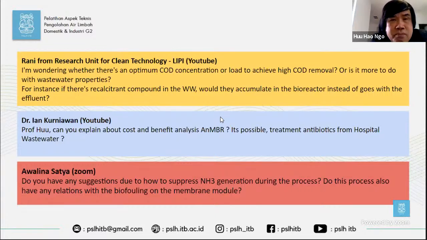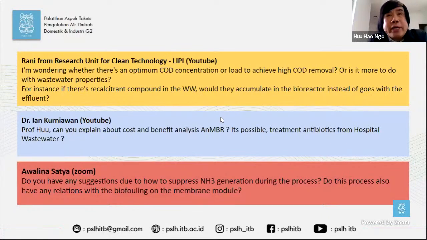So if we use only the anaerobic MBR without any oxygen present, of course the ammonia may be a problem because it may accumulate and affect the efficiency. But in some way we can combine them. So that's why the anaerobic MBR needs a hybrid system, just because of that.